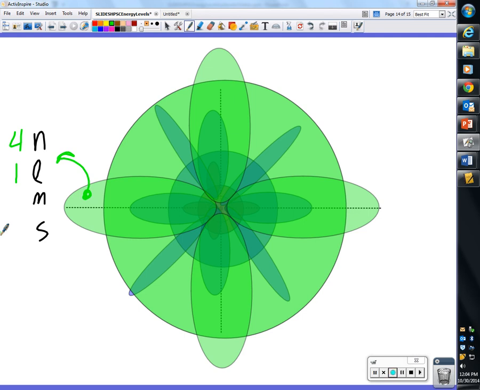But it's in the 4th energy level. So every time we switch colors, that goes to a new principal energy level. Okay? Yep. Okay? All right.